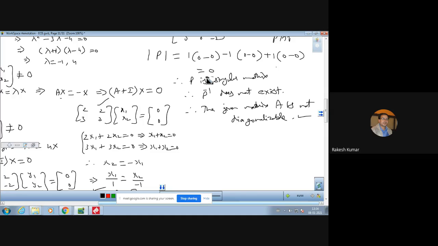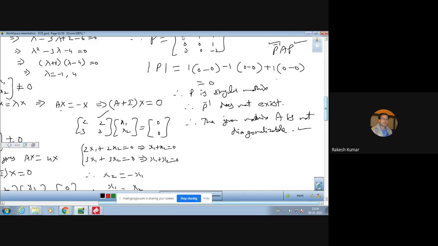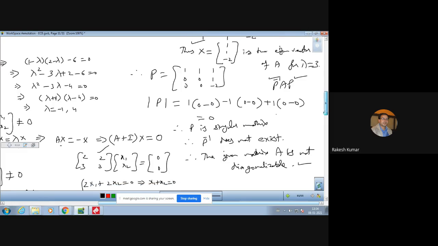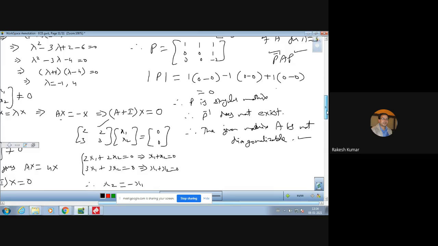We could also have said it directly. When we have two vectors, 1, 0, 0 and 1, 0, 0, clearly these two vectors are linearly independent vectors. Whenever we have such vectors, we will not be able to diagonalize the matrix A. So remember that these two vectors are linearly independent, and this is one of the other reasons that the matrix A is not diagonalizable.